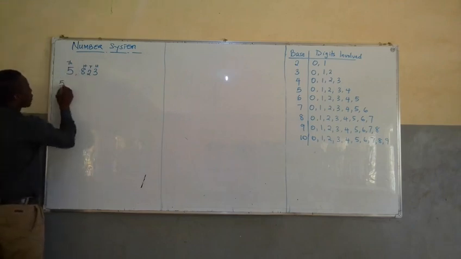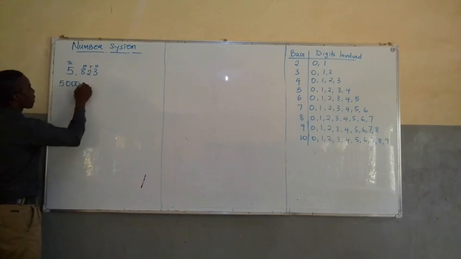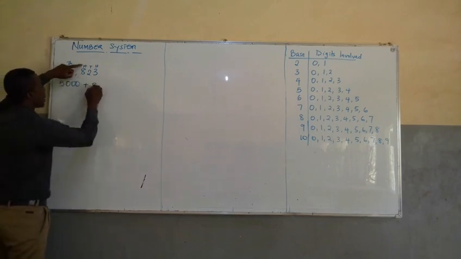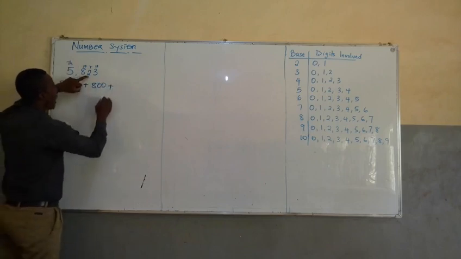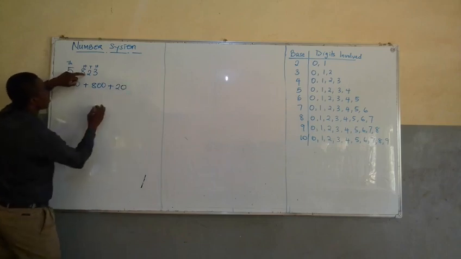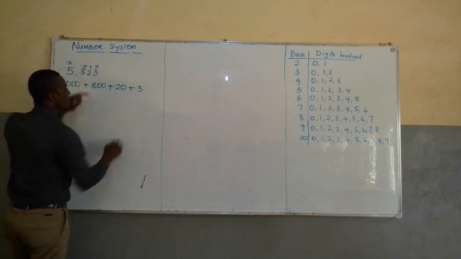What does this simply mean? It means 5,000. So to split this, I'm going to have 5,000 plus, what do I have here? This is 800. Plus, what do I have here? That's 2 tens, which is similar to 20, and then 3, and that's 3 units.